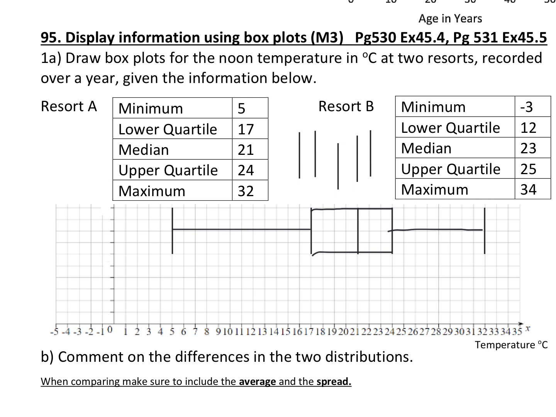Okay, we're just going to repeat that for B. I'll do it a little bit quicker. Got a minimum of -3, lower quartile of 12, median of 23, upper quartile of 25, and a maximum of 34.